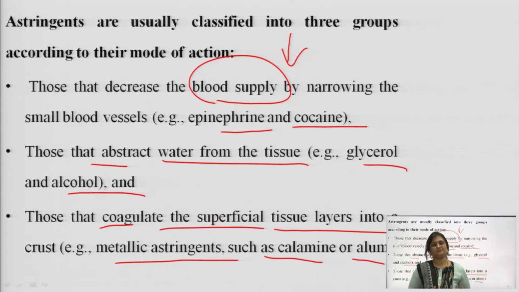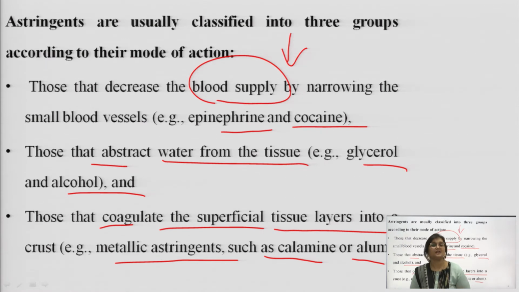How does the blood supply get decreased? By narrowing the small blood vessels, due to which there is a decrease in blood supply. Examples are epinephrine and cocaine.